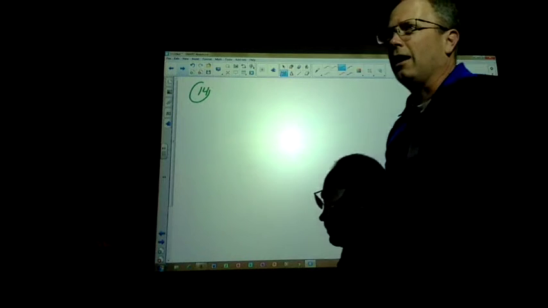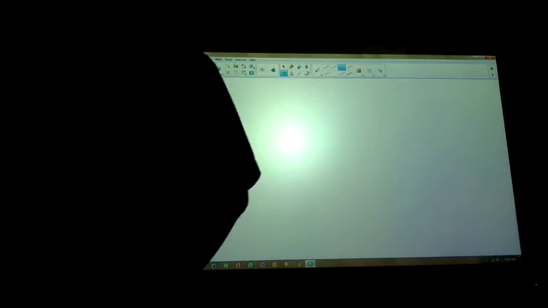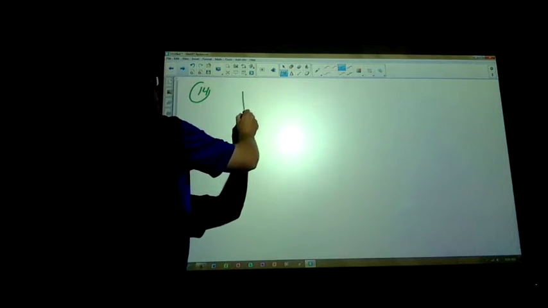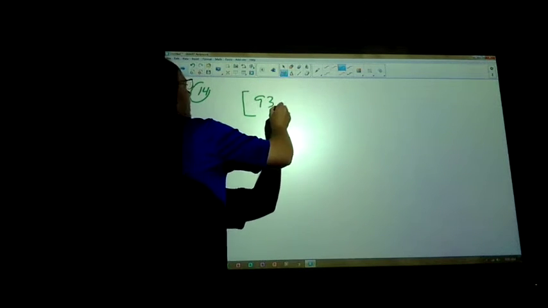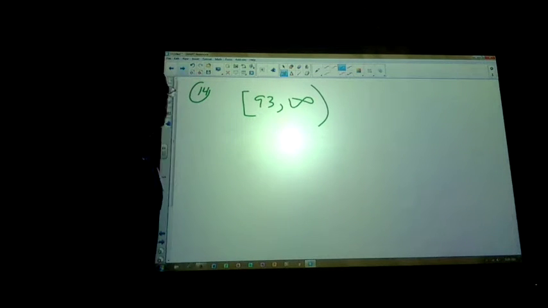Yes, it says at least 93, so on any given day it's at least 93 that are lost. It could be a lot more. It goes up to an infinite amount. Obviously you don't have an infinite amount of suitcases, but it could go from 93 to all of them, which would be a really bad day in the airline industry.